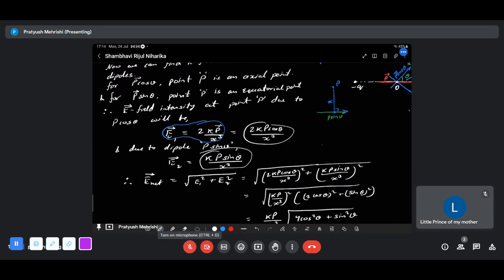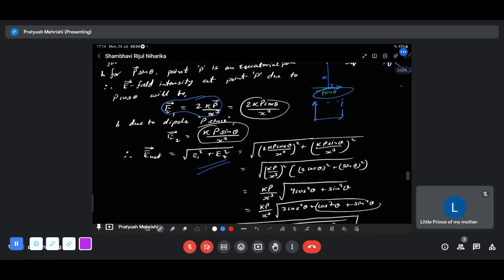At axial position, with the component P cos theta, the electric field will be 2 kp cos theta upon x cube. At equatorial position, the electric field will be kp sine theta upon x cube, because this is the dipole moment at equatorial position. So net electric field will be how much? When both of them are perpendicular to each other, net electric field will be given by taking their resultant. So resultant will be under root E1 square plus E2 square.